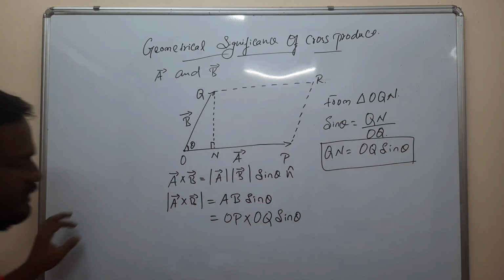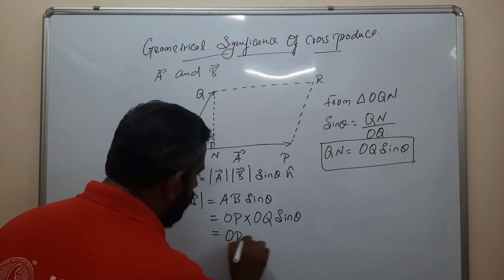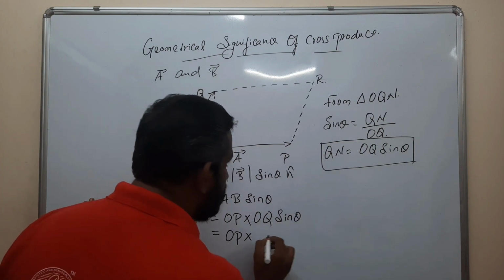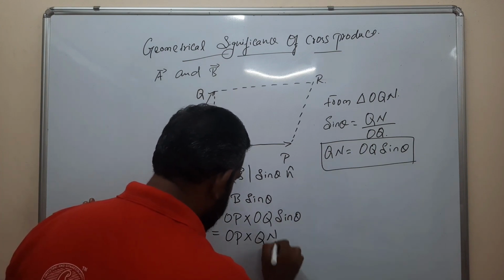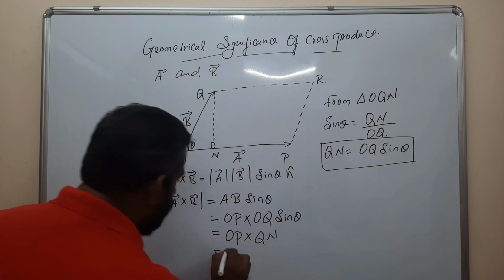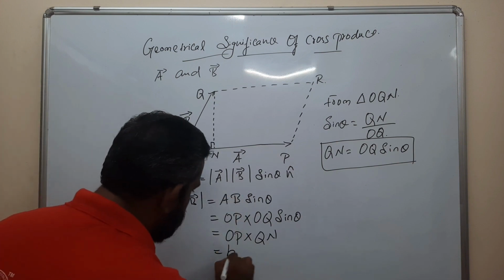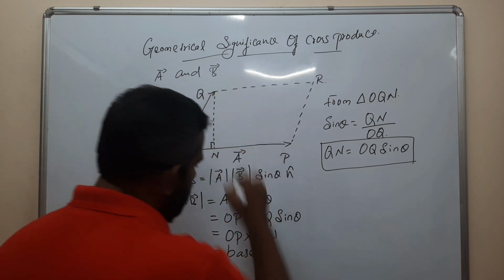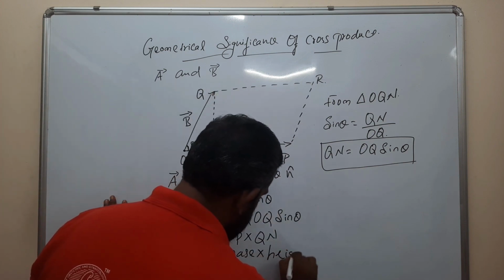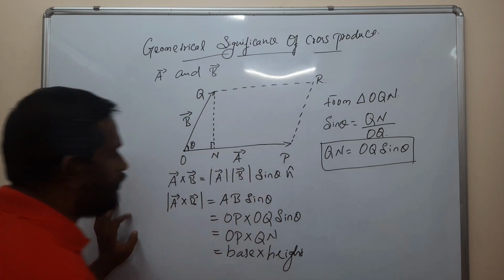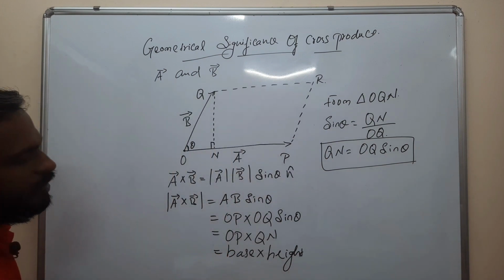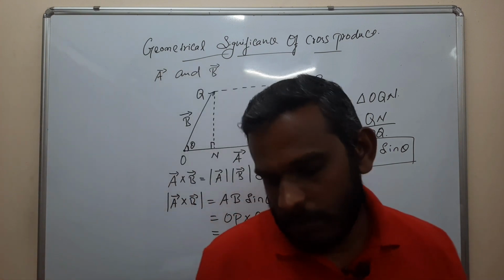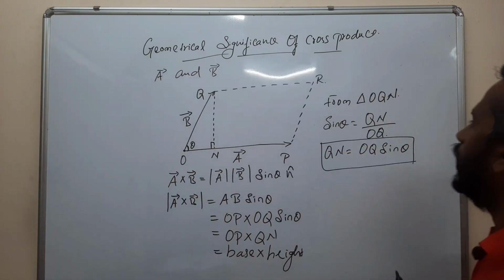So that is equal to OP into OQ sin theta, and OQ sin theta we can write as QN. So that is equal to OP, which is the base, into QN, which is the height. Base into height of a parallelogram is nothing but the area of the parallelogram.